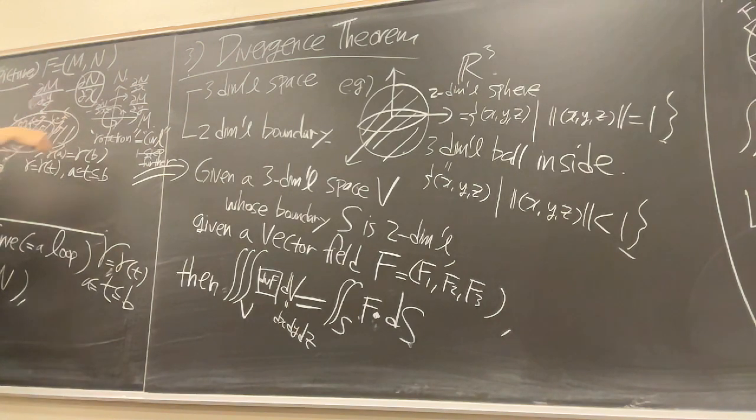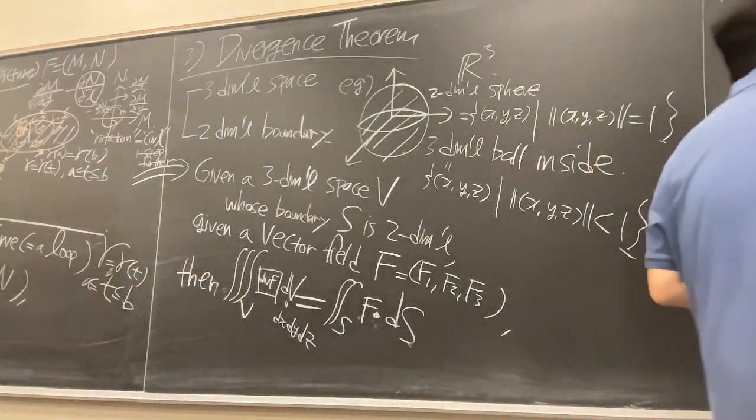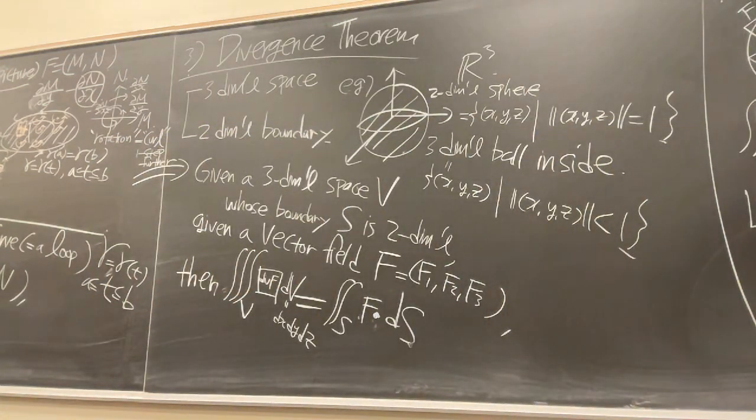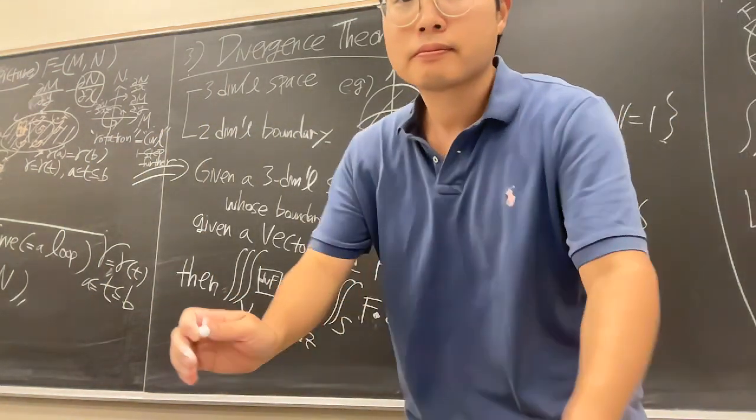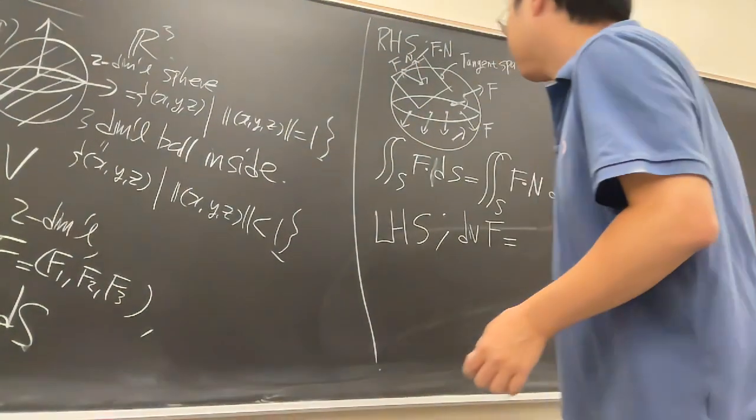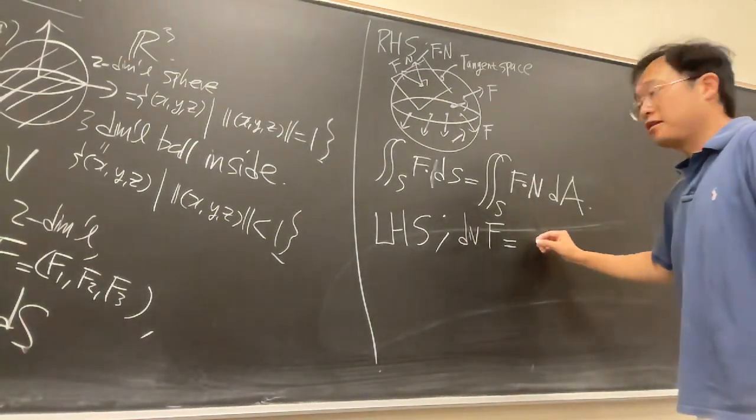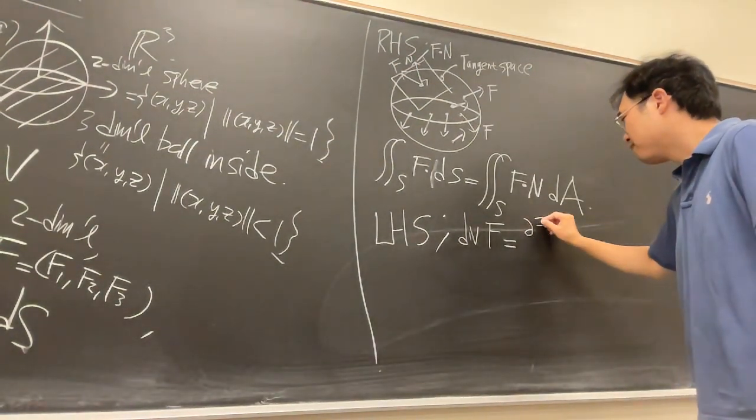Eventually, only the line integral along the curve on this vector field is left. That's what we know. Divergence of F has the same intuition. So this is very easy.